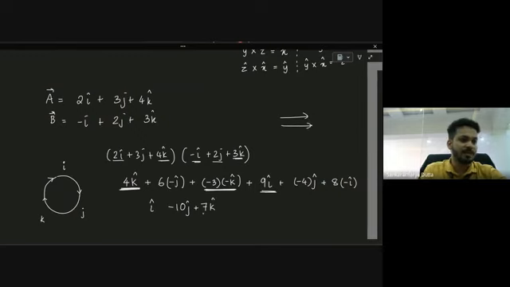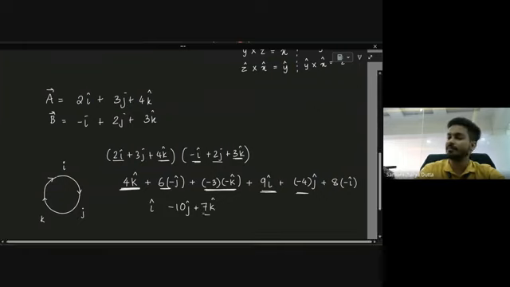So 4 k cap plus 3 k cap is how much? 7 k cap. Minus 6 j cap and minus 4 j cap, if I add, this becomes minus 10 j cap. Okay. And i cap terms, 9 i cap and minus 8 i cap gave me 1 i cap. Does that clear your doubt? Yes, sir.